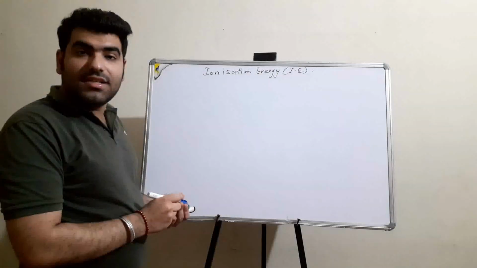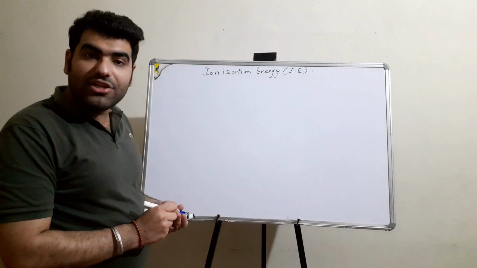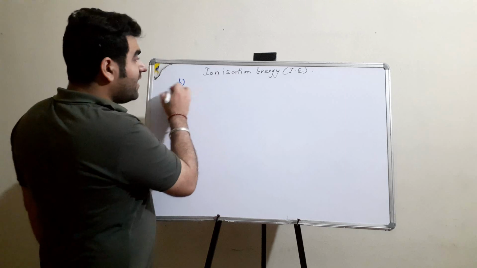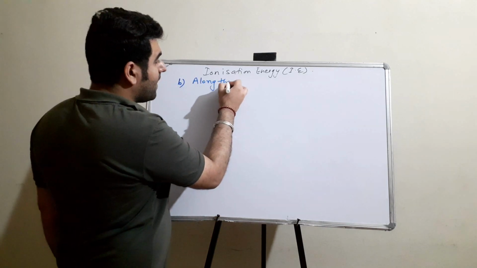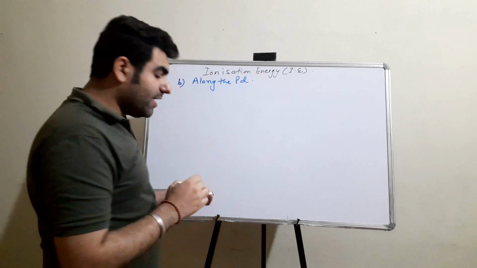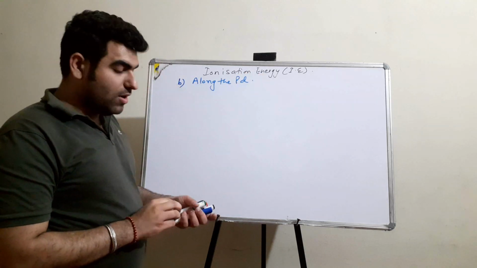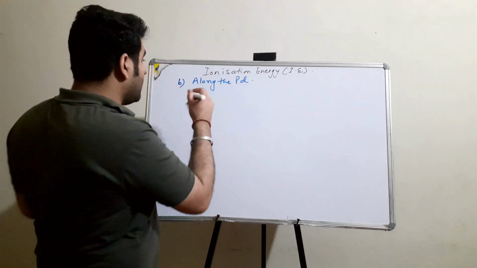The next trend we are going to see is the trend of ionization energy along the period. Again, it depends upon atomic size and nuclear pull. We will take the example of period 2.